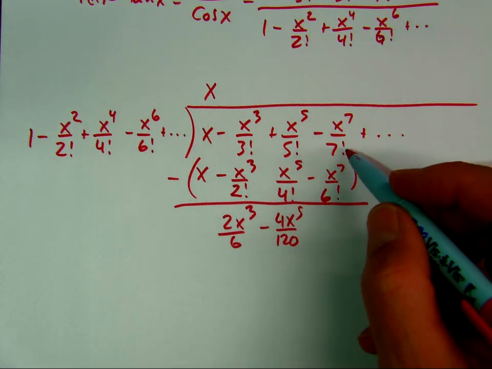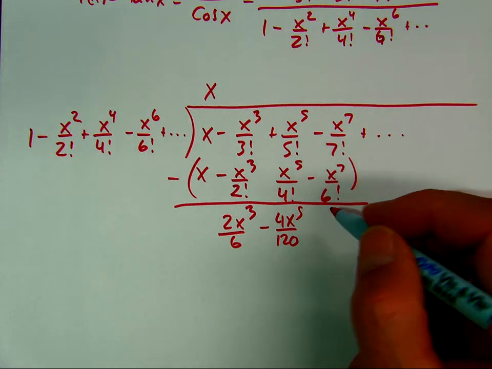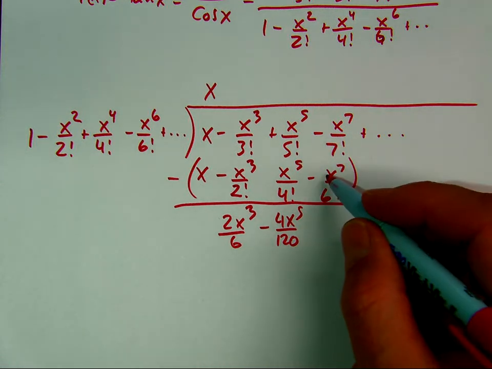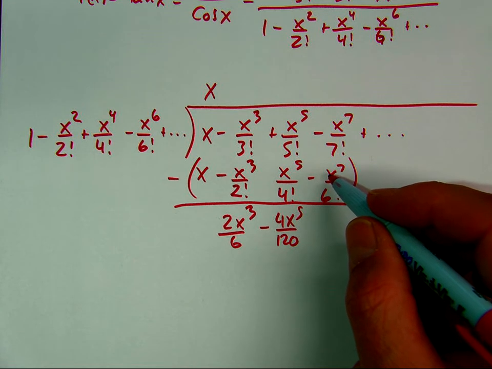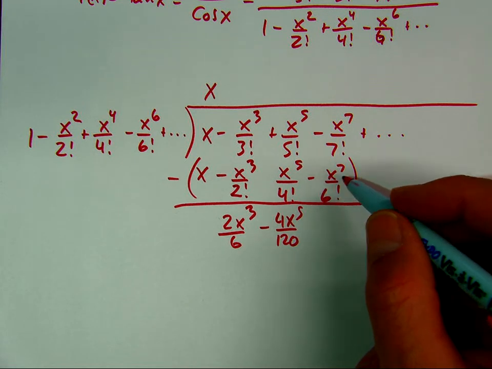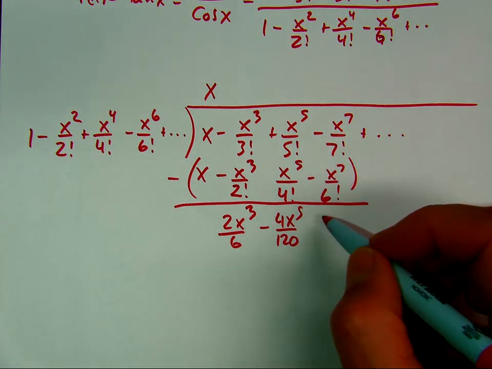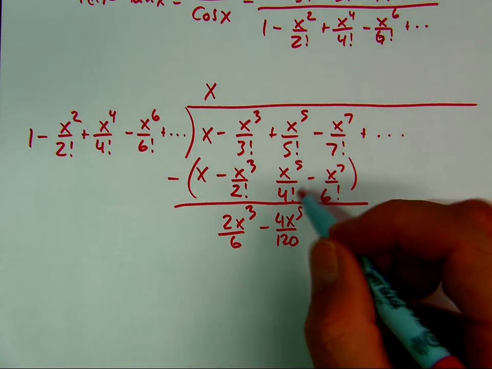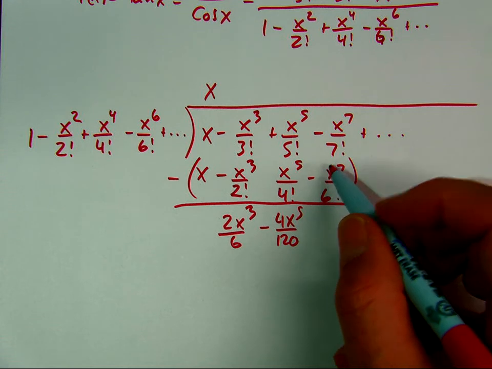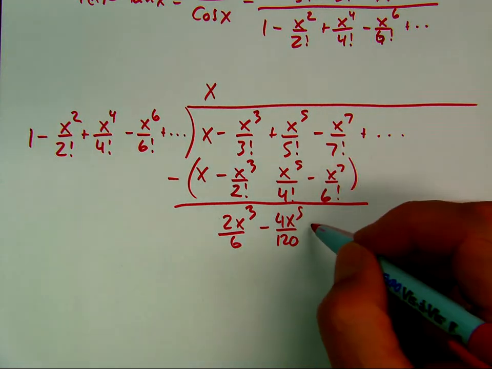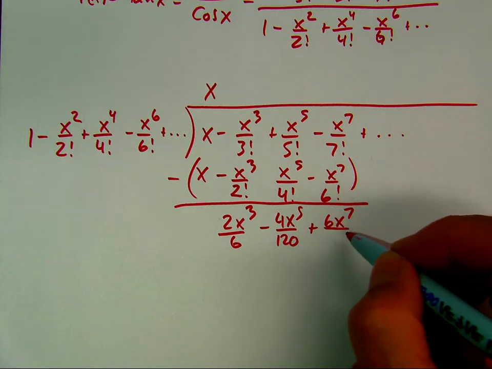And we have to multiply this by 7, and we'll get positive 7 minus 1, positive 6x to the 7th over 7 factorial.